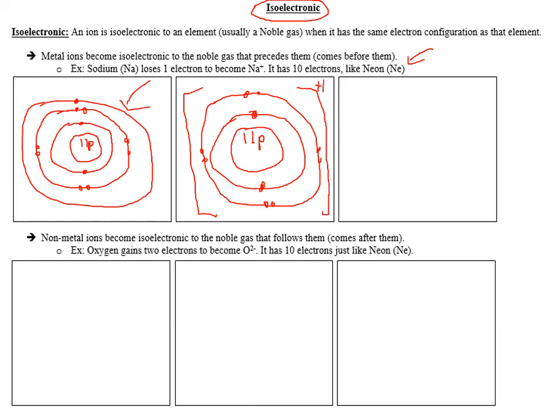You know what, I may as well just add the neutrons in there for the sake of completeness. So this sodium now actually looks like neon. If you draw neon out, neon has 10 protons, 10 neutrons, and 10 electrons.